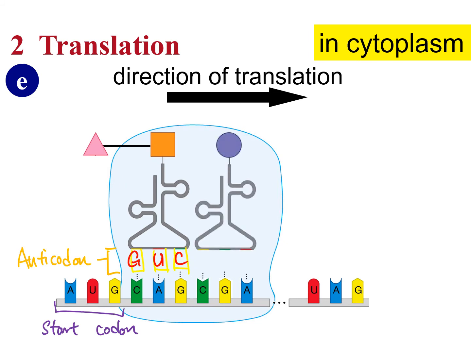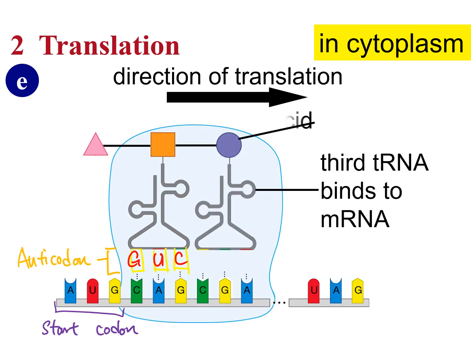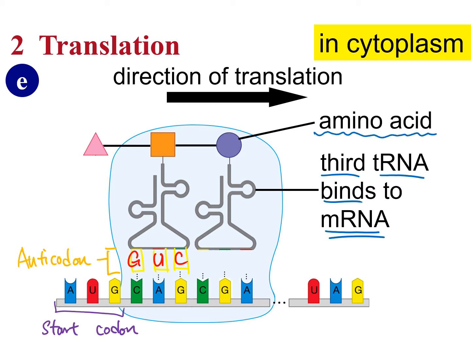After the release of the first tRNA and the ribosome moving away from the start codon, space opens up in the ribosome. This allows the third tRNA, which carries the third amino acid, to bind with the mRNA. Now the question is, what is the anticodon on the third tRNA?